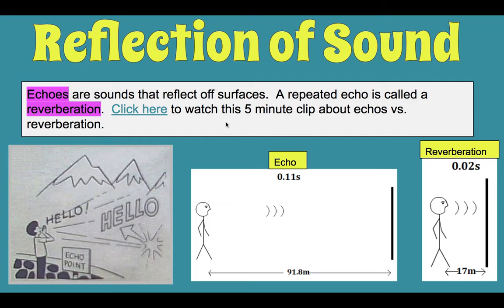This here is a very good Khan Academy clip, and I've edited it to the spots applicable to us. You should watch it so you can answer the questions in the homework sheet on echo versus reverberation.